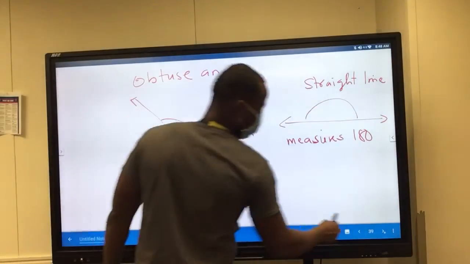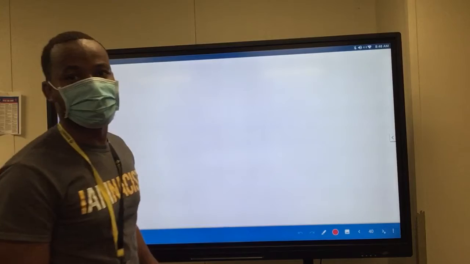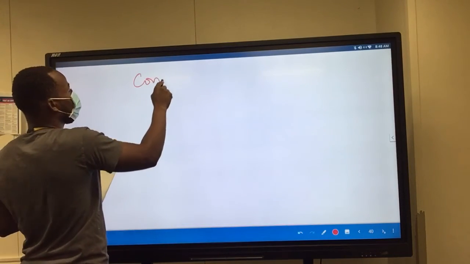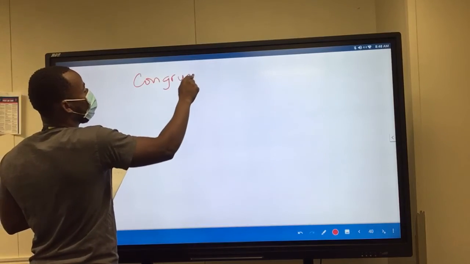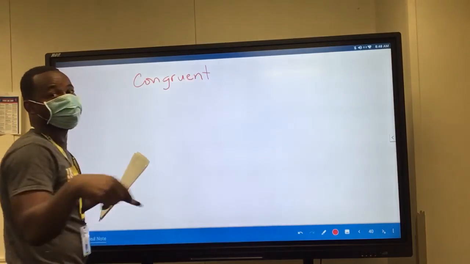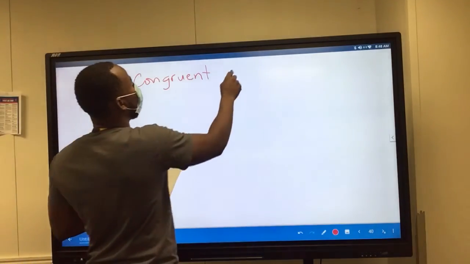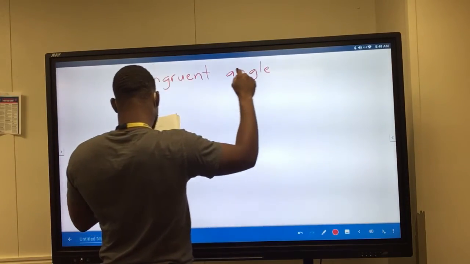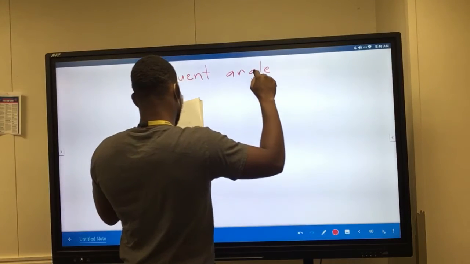Now, the next topic I want us to talk about is congruent angles. Congruent, like we said when we were measuring lines, means they are the same. Congruent angles means they are the same. Angles have the same measure.